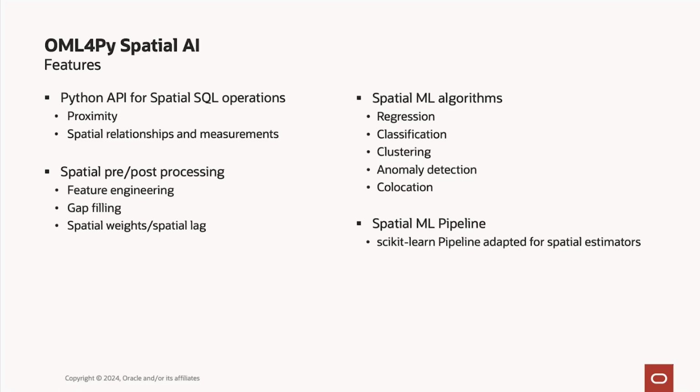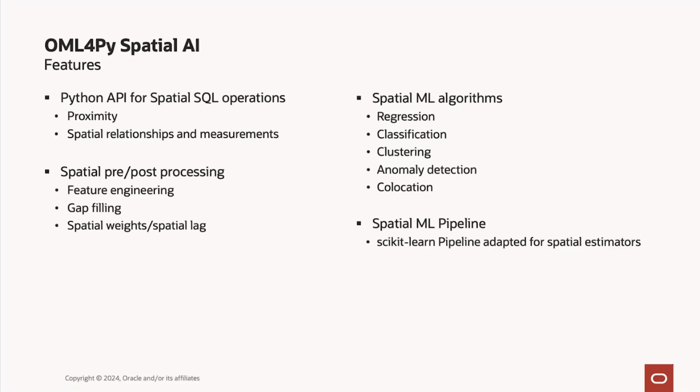I think clustering is fairly intuitive. Anomaly detection maybe also. We'll look at a little bit more of that in a moment. And co-location, which has to do with the degree to which features or observations tend to align between two different data sets. And there's lots of situations where it's really valuable to know the degree to which things align with each other.